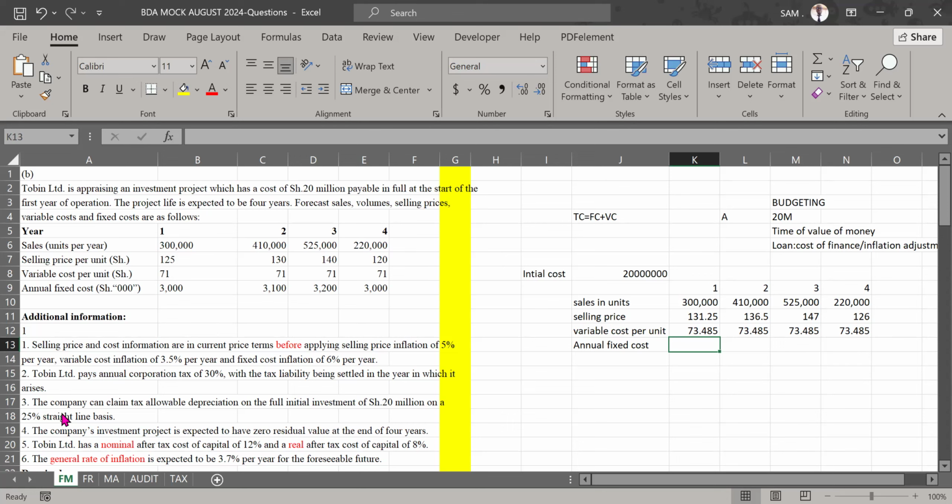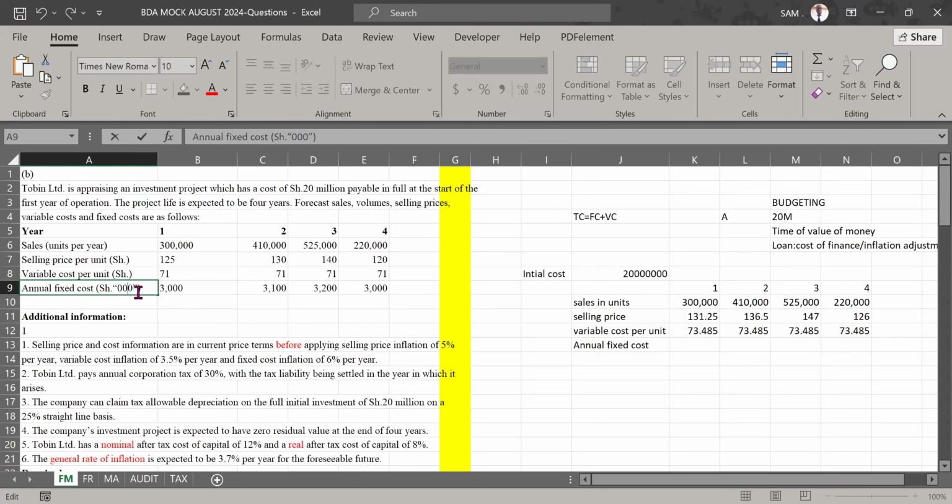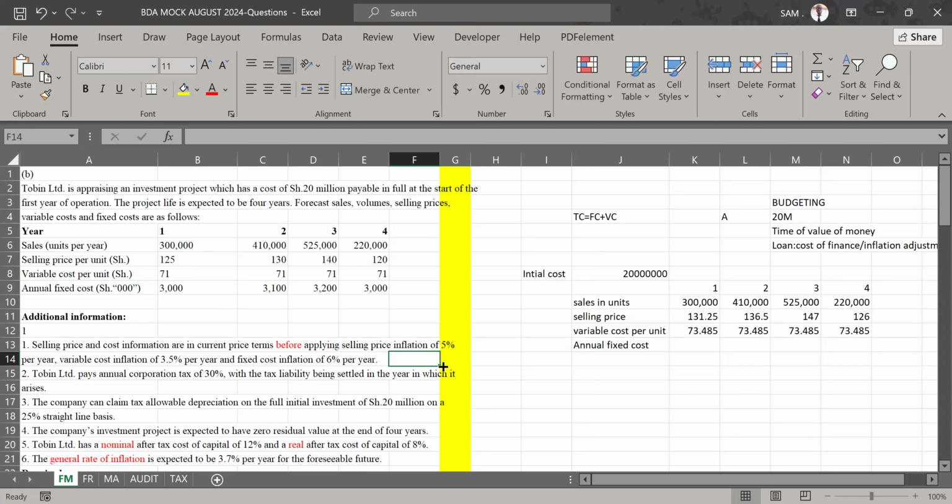Look at annual fixed cost that was given in this tabulation. The figures are there, 3,000, 31, 32, and 3. But there is some thousands in shillings in a bracket. You see that? Ignoring or not taking care of that 1,000 will cost you the whole of these computations. So let's make sure we take care of that 1,000.